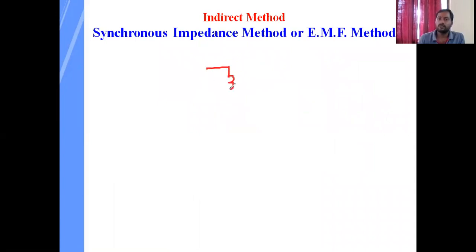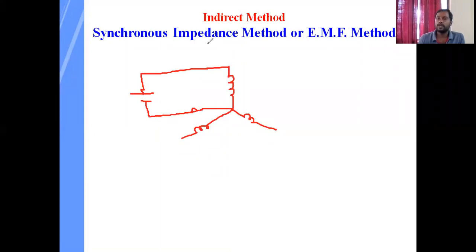This is R, this is Y, and this is B phase of the alternator, and this is the neutral, and between the neutral and any one phase, not only R phase, any one phase. Let us take R phase. You need to apply a DC voltage here, and if you apply DC voltage, some current IDC passes through this R phase winding only.